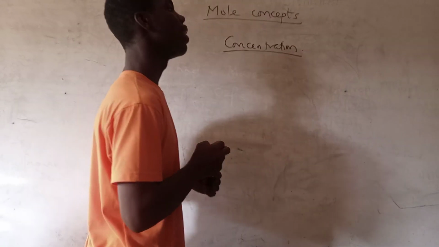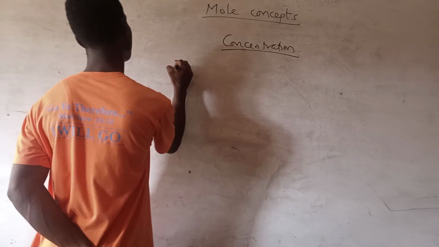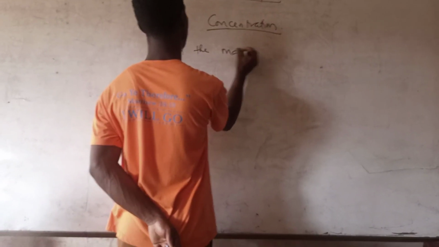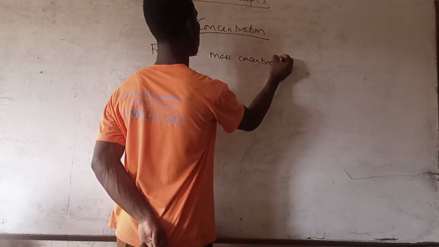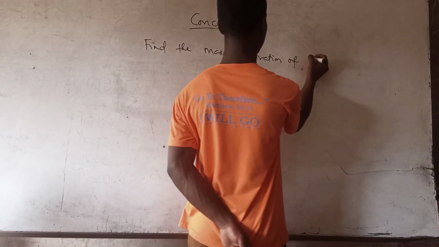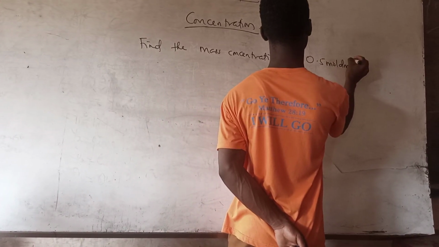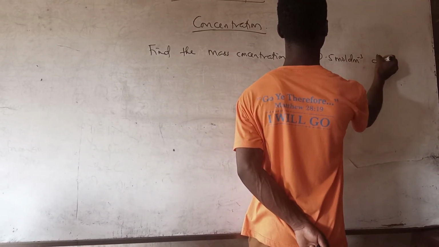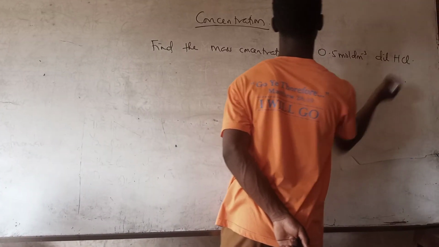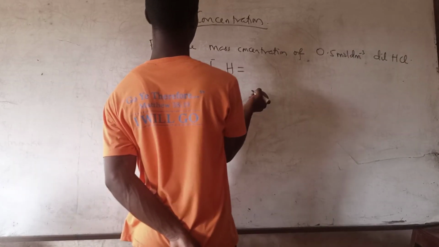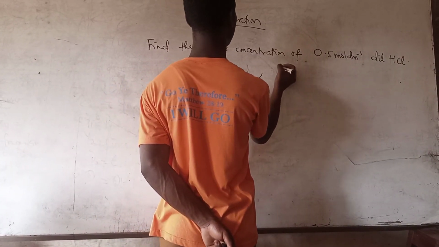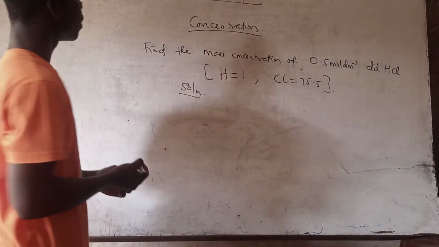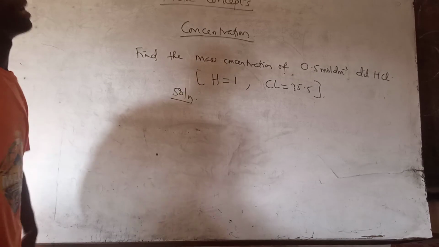The question is, find the mass concentration of 0.5 mole per dm cube dilute HCl.